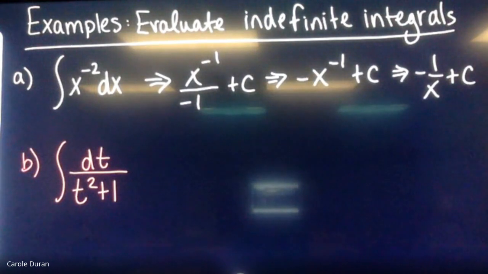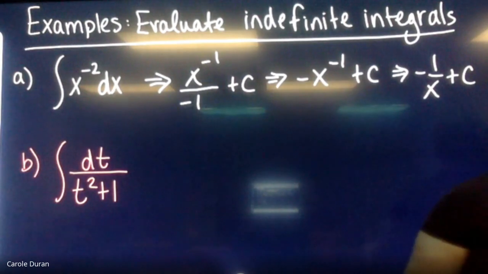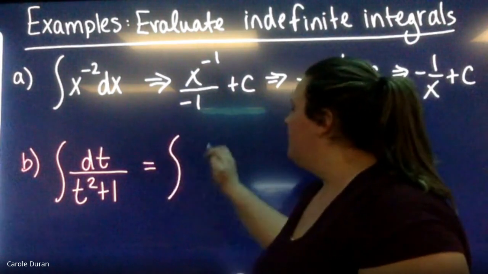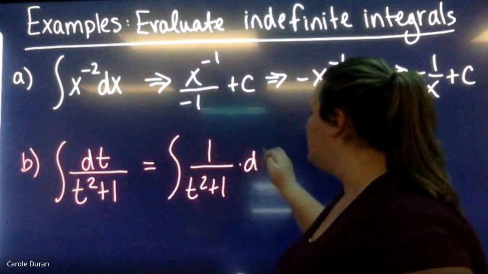It is dt because the variable present in my function is t. Whenever you see something like this, I'm always going to suggest that you rewrite it so the dt is separate. It makes it a lot easier to see what function I'm actually looking at. So this is the same as 1 over t squared plus 1 times dt.